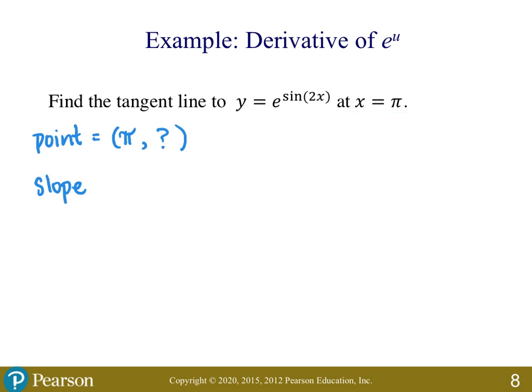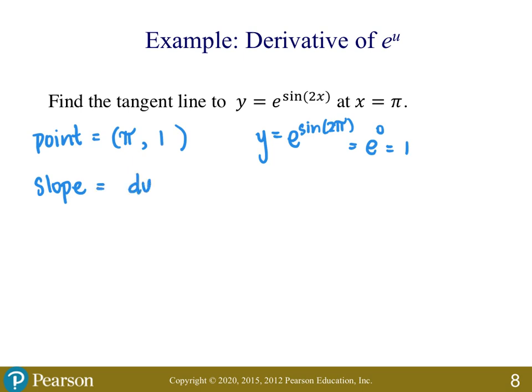So to find the y value, we're going to plug pi into y. So y equals e to the sine of 2 pi. Do you remember what the sine of 2 pi is? The sine of 2 pi is 0. Do you remember what e to the 0 is? E to the 0 is 1. And so my point is pi comma 1.